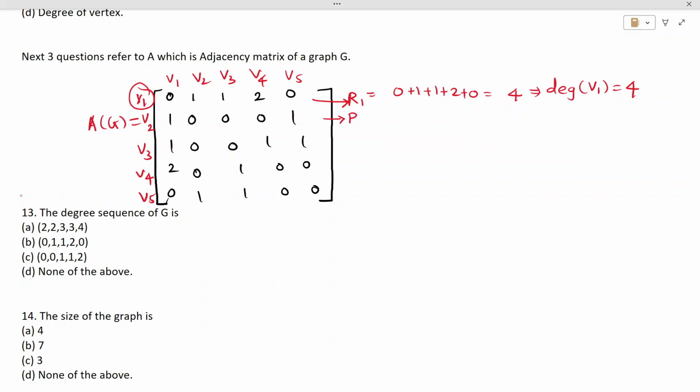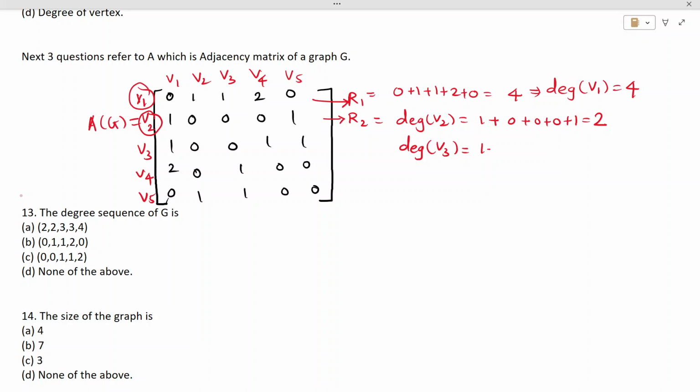Similarly, this is row 2 corresponding to vertex V2. If I sum all the elements in R2, the sum will represent the degree of V2. So the degree of V2 is equal to 1 plus 0 plus 0 plus 0 plus 1, that is 2. Likewise, we can calculate the degrees of V3, V4 and V5.